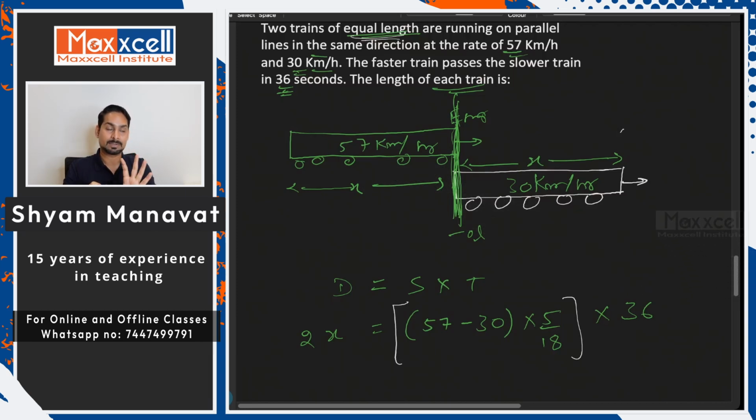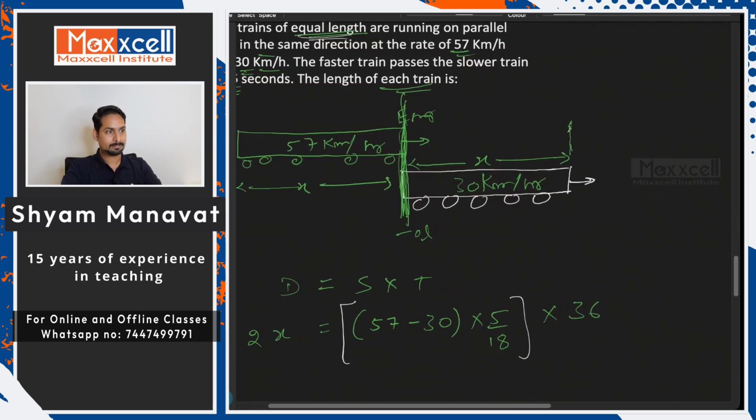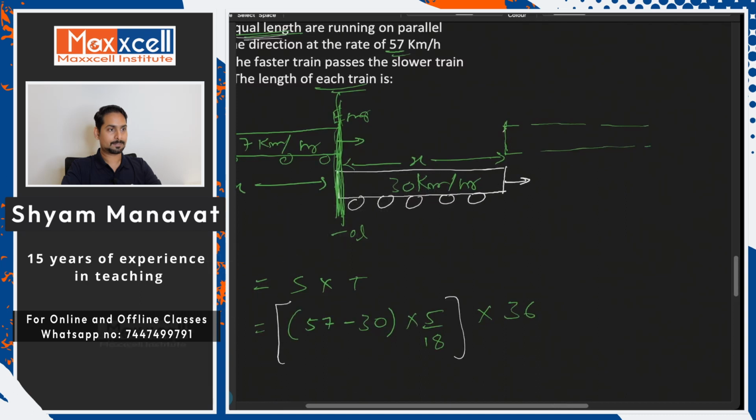Length of train is part of the distance. If there are two trains, add the lengths of both trains. Do you want to know why? Okay, no problem. When the faster train crosses the slower one, in that situation, the faster one will be here. Faster one will be here, isn't it?